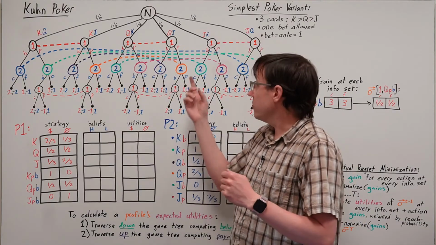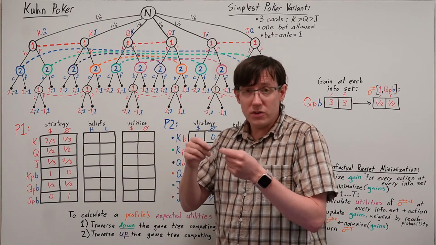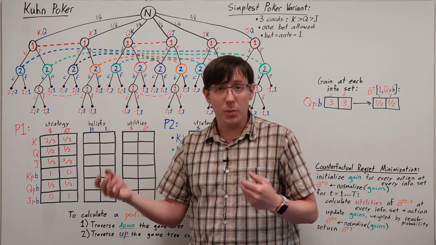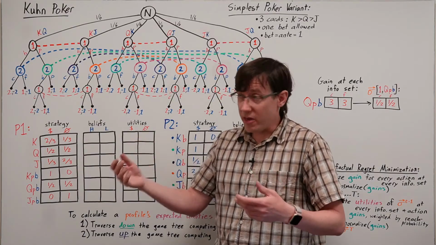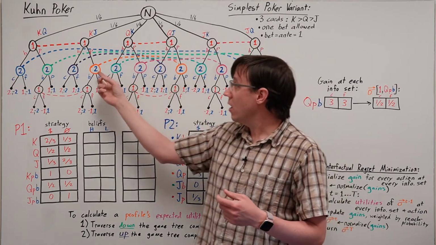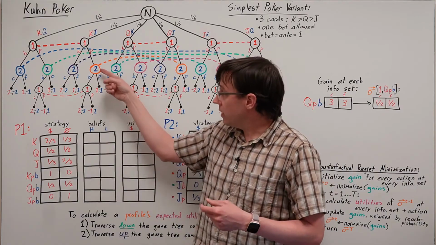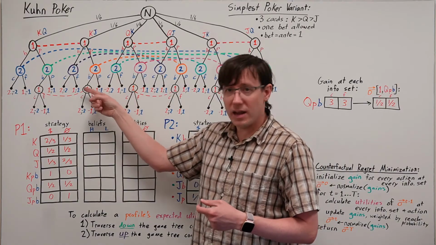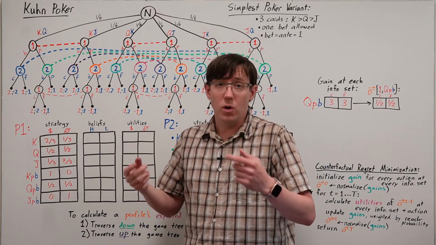And that information set contains 2 nodes because player 2 doesn't see the part of the state corresponding to what card player 1 was dealt. When they received a jack, it could be the case that player 1 got a queen or that player 1 got a king.